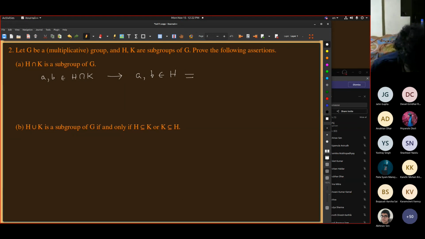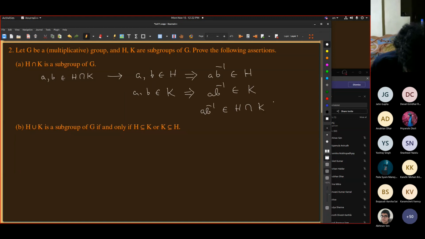This implies AB inverse is in H because H is given to be a subgroup. Likewise, A and B are in K because it's in their intersection. So this implies AB inverse is in K because K is also a subgroup. Together, these two give that this belongs to H intersection K. Okay, so this part is actually easy.